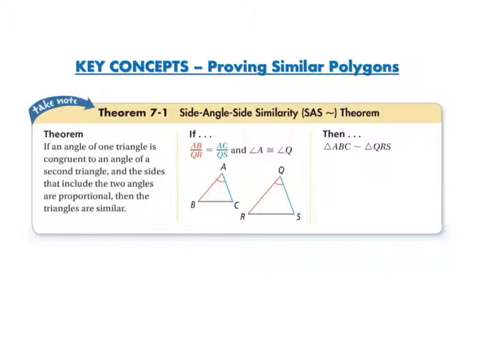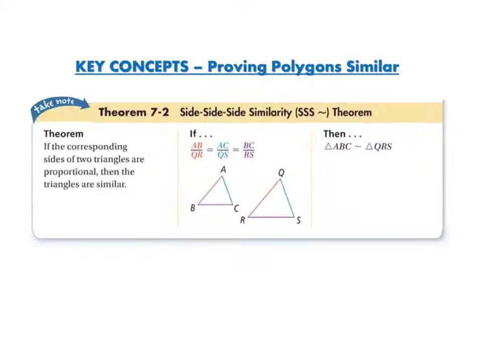Basically, that just means, and I'll show you here, if this side is proportional to that side, and this side is proportional to that side, notice this angle is between the two sides, and if they are congruent or exactly the same, then those two triangles are similar.